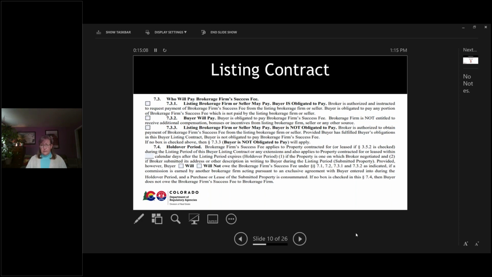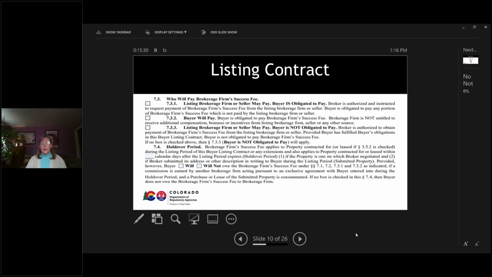That's one option. The second one is you, as the buyer, you're just going to flat out pay your broker's commission. The third option is that you can seek payment of your buyer's broker's compensation from the listing broker or from the seller, and that you as the buyer is not obligated to pay.